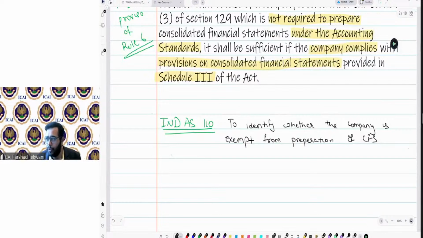CFS is not cash flow. I'm talking about consolidated financial statements, not cash flow statements. To identify whether the company is exempt from the preparation of CFS under accounting standards, or basically under Ind AS 110, which is applicable.